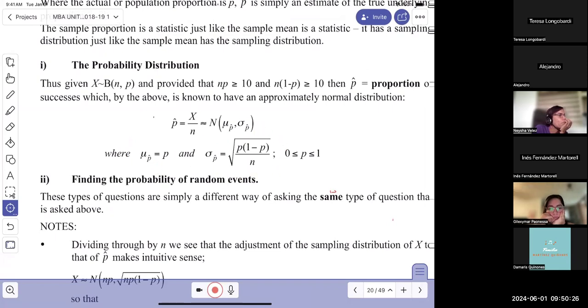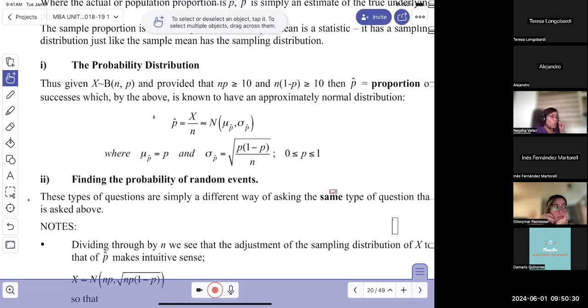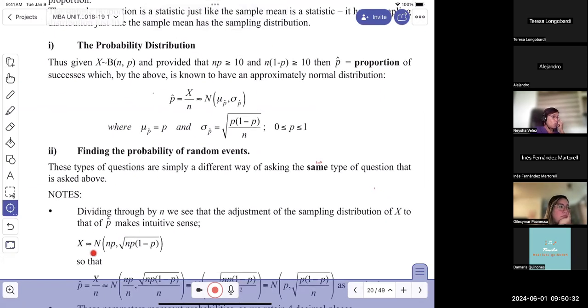Where do I get these numbers from? Well, let's start with X. We knew that X was normal with a mean of np and a standard deviation of square root of np(1 minus p). We were just talking about that for the last hour. I derive these from the rules of means and variances that we learned earlier.